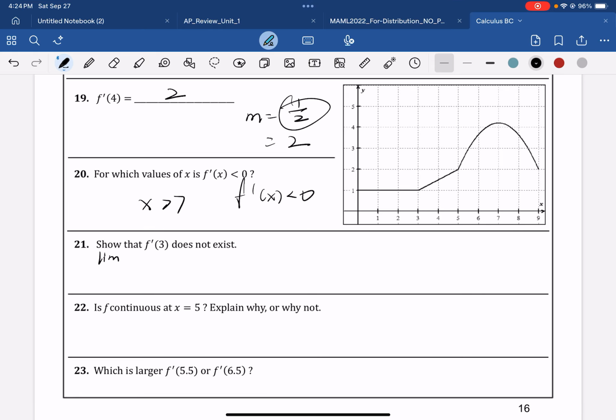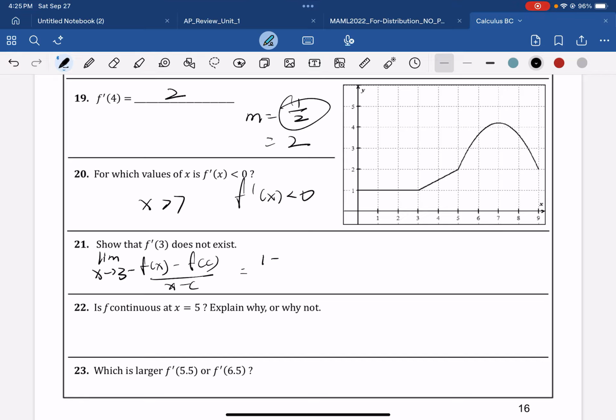So what we have to do is verify the derivative from the left hand side and the right hand side. As x goes to 3 from the left hand side, we take f of x minus f of c over x minus c. Here f of x is 1, minus f of c.